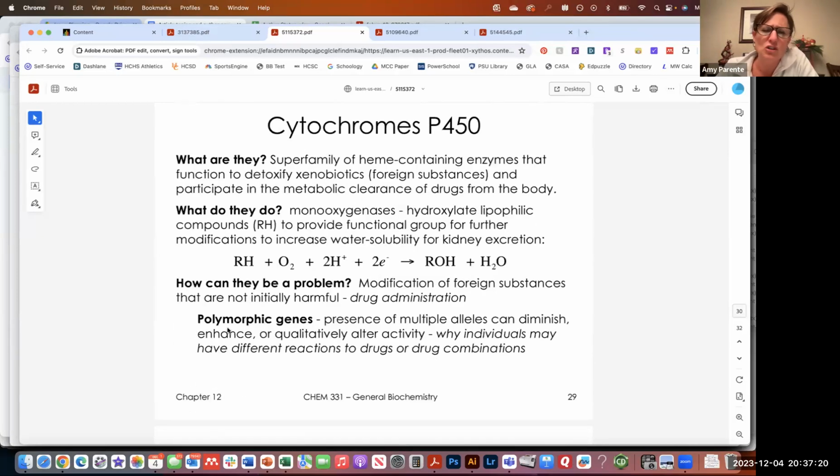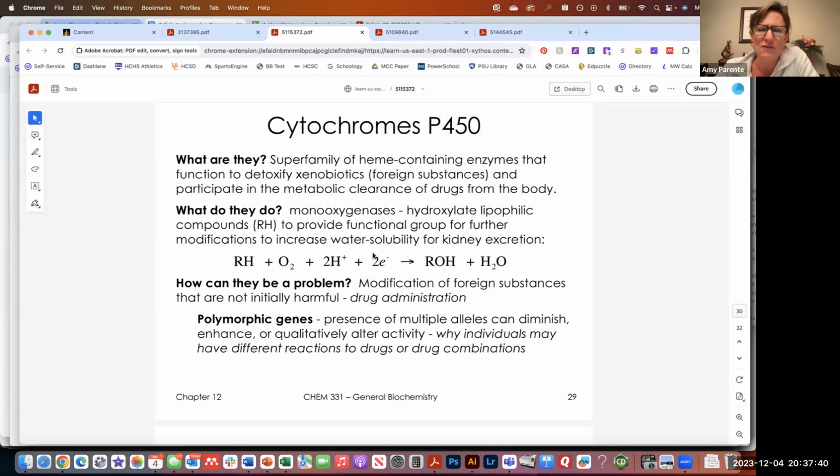We really didn't talk too much about cytochromes, but just remember what they are. Cytochromes P450 are a class of enzymes that basically decorate foreign substances with hydroxyl groups to make them more polar. We're going to see them later on as well.